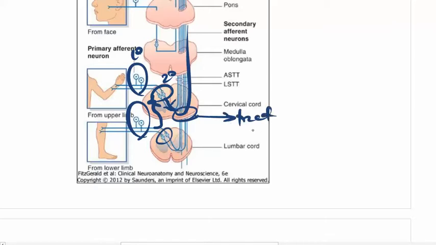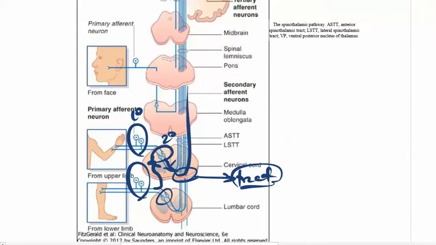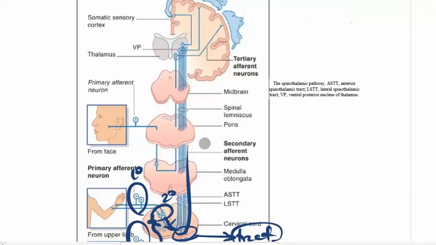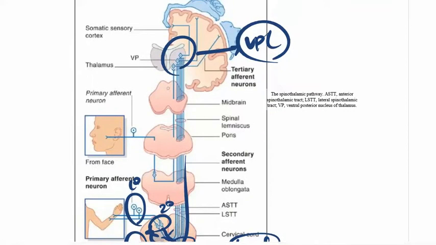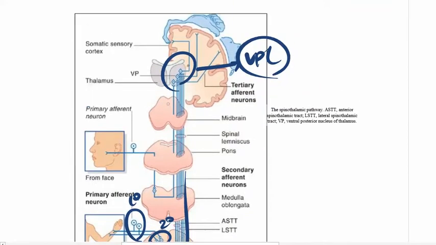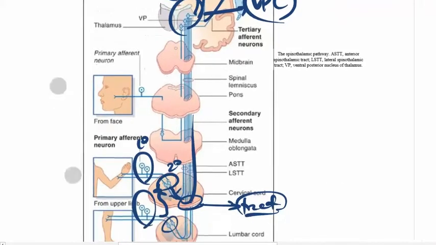There's a spinothalamic tract located on the side here. Then it's going to make its way to the VPL of the thalamus. And then from the thalamus, it's going to project to the somatosensory cortex. Right? You guys see that?